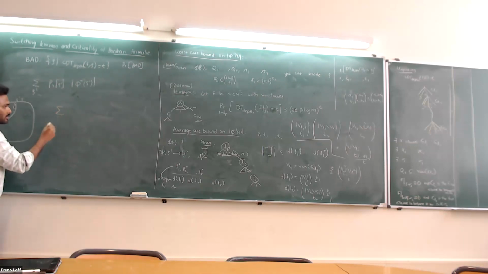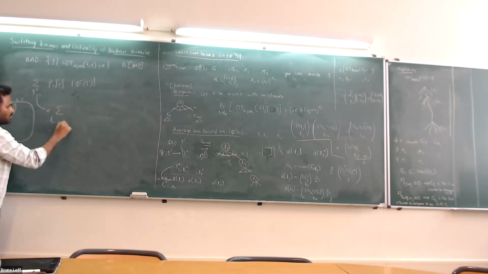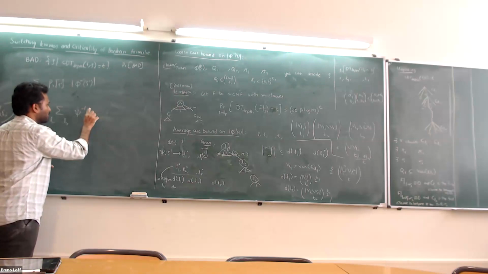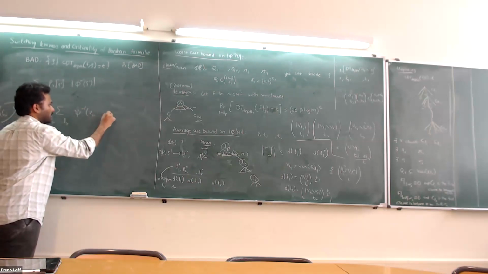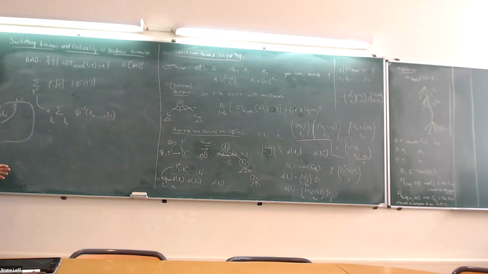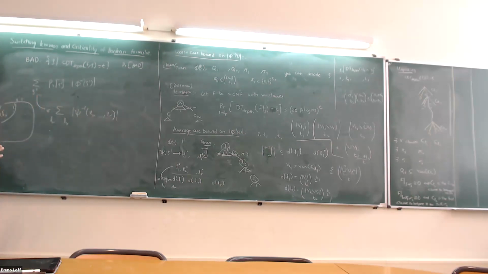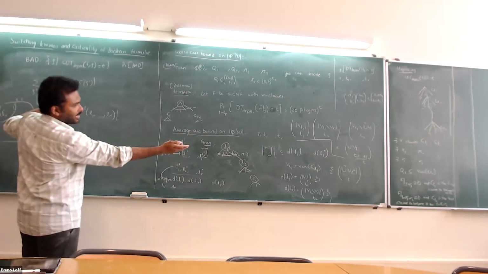So in other words, this summation is exactly you pick an arbitrary choice of L and look at the psi inverse of L. For each of these, that number is fixed.